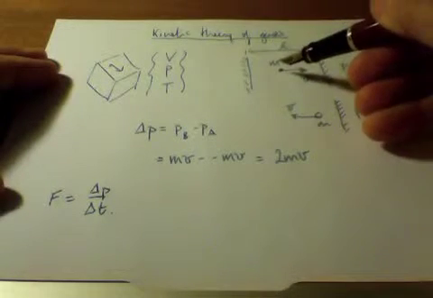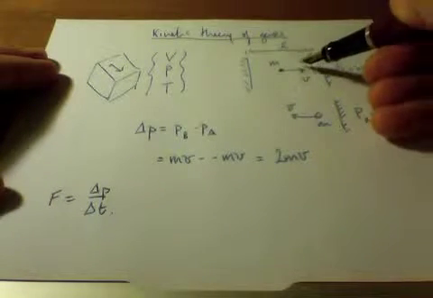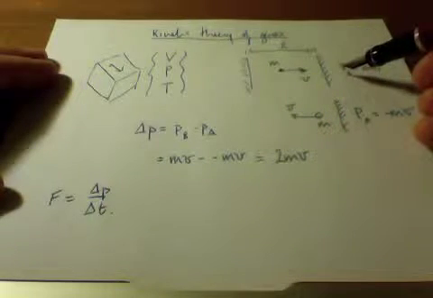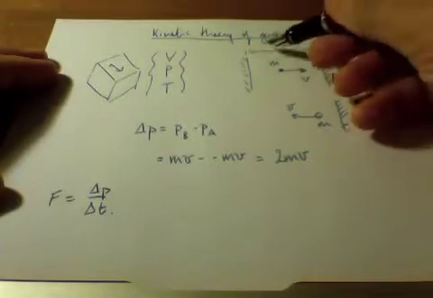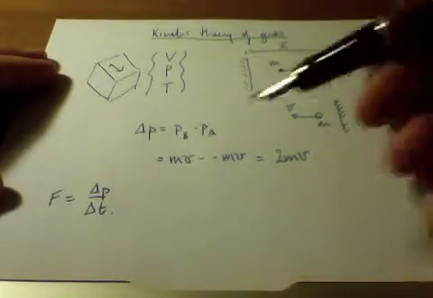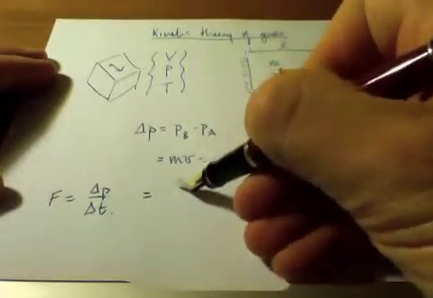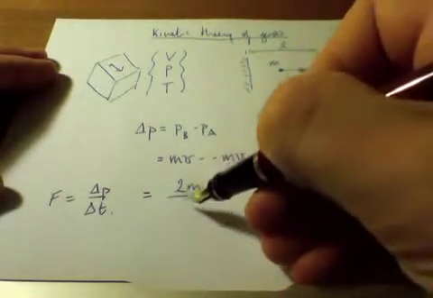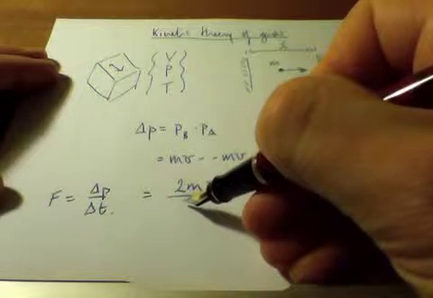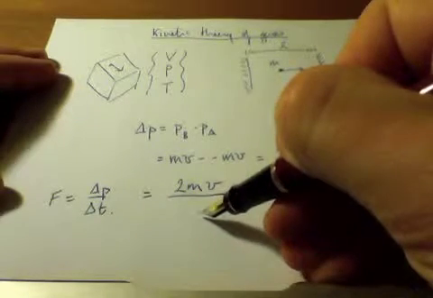Okay then, so from when it strikes, it bounces to the other side of the box and bounces back again, it would have covered a distance of 2L. And so therefore, if I just write in what we know to start with, the time period is going to be the distance divided by the velocity.